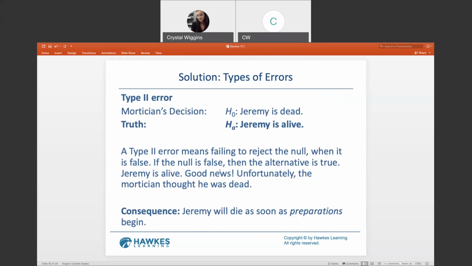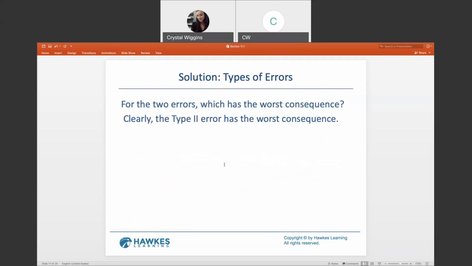If the null is false, then the alternative is true, meaning Jeremy is alive. Unfortunately, that's not good news for long because the mortician thought he was dead, so he replaced his blood with fluids, and Jeremy now will die. So we can conclude that for the two errors, which one had a worse consequence?